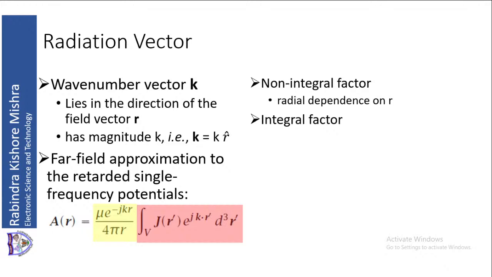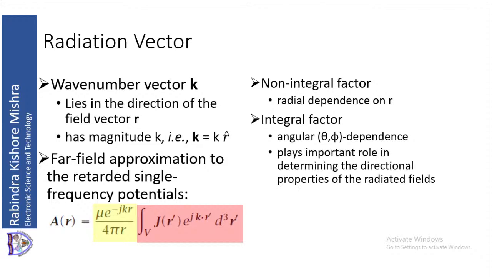Now look at the integral factor. In the integral factor, the current density J is independent of theta and phi, because current density will be dependent on r dash only. But exponential jk dot r dash is dependent on theta and phi. Therefore, the integral factor is dependent on theta and phi.